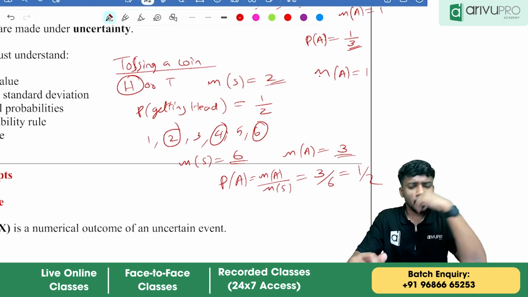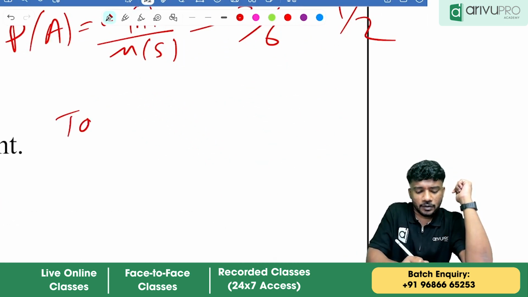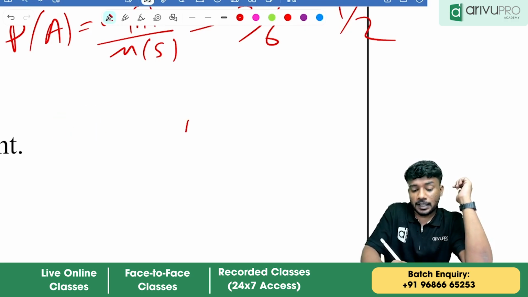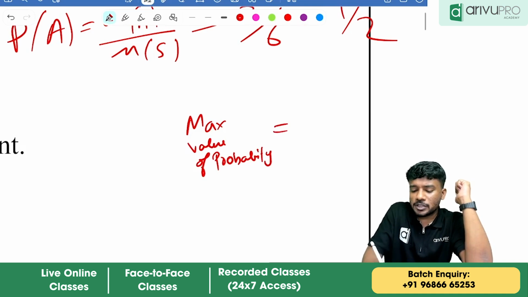Now, total probability. I will use the term total probability later. Before that, the maximum value of the probability of an event is how much? 1.